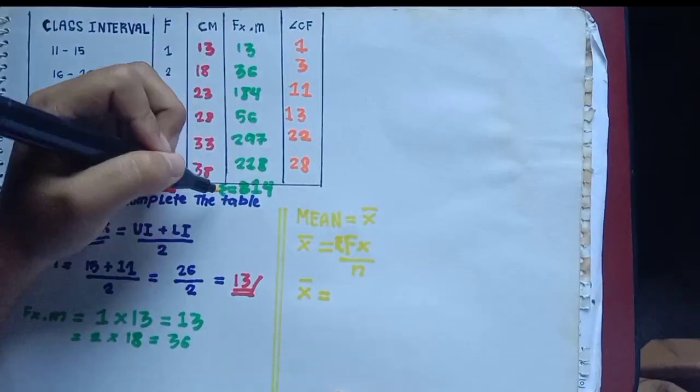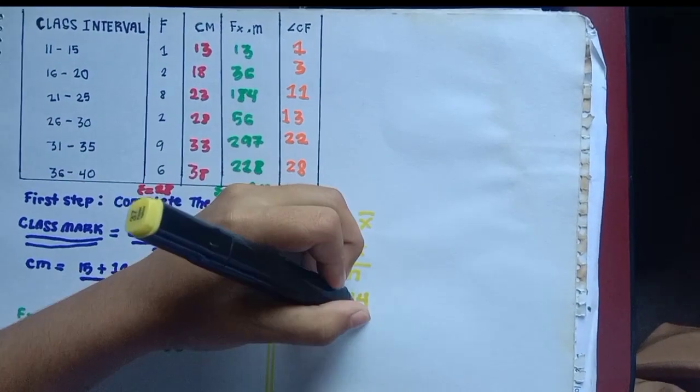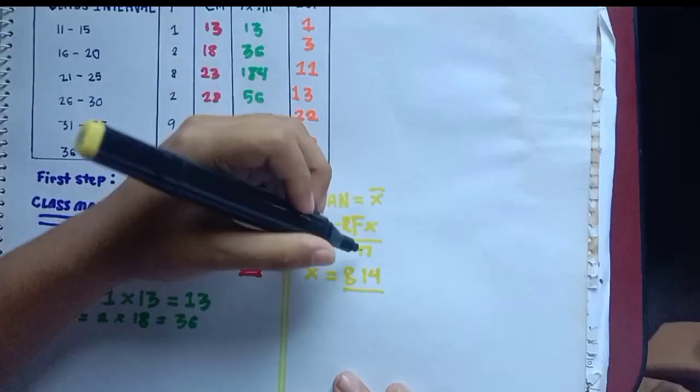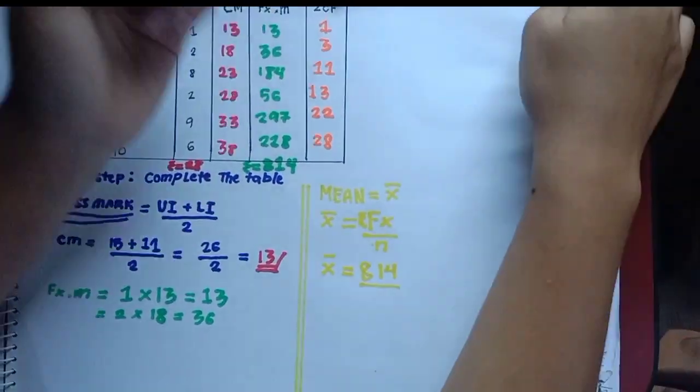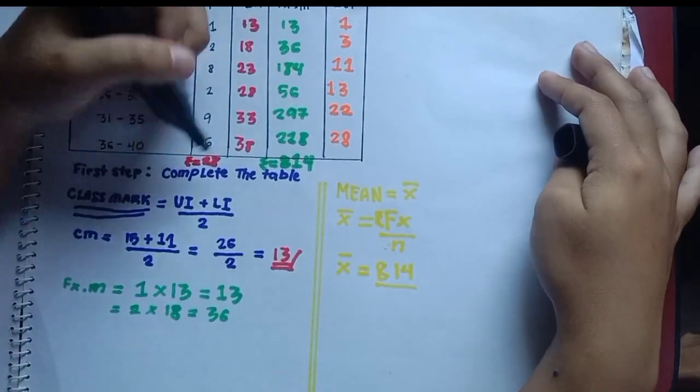Therefore, mean will be equal to 814 divided by 28, which is the overall total of our frequency.